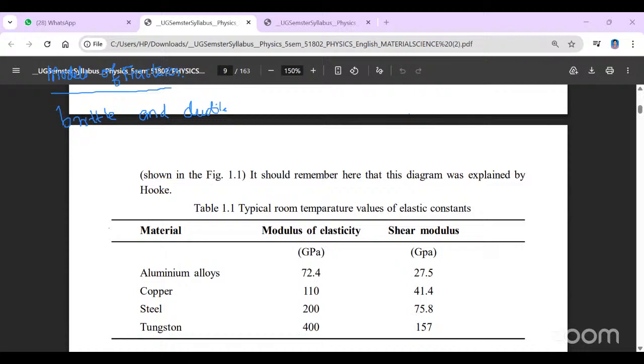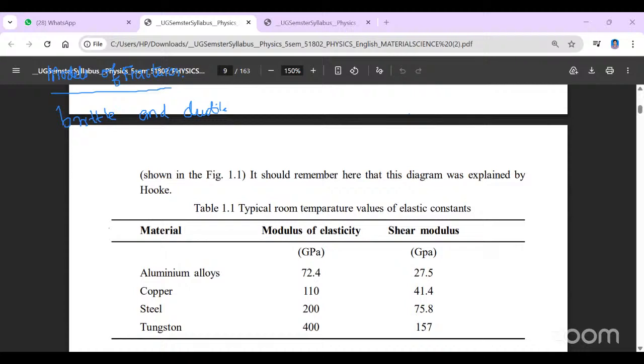In the ductile fracture, prior to the fracture, the percentage of elongation is more, around 30%. Whereas in the brittle fracture, before the fracture, the percentage of elongation is only around 0.5%.